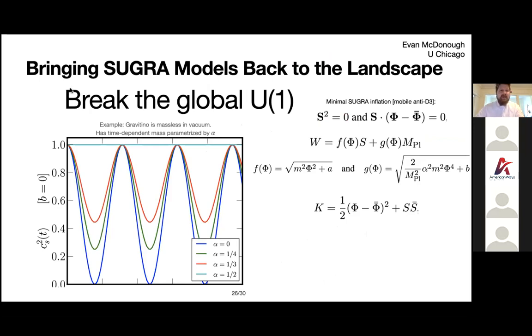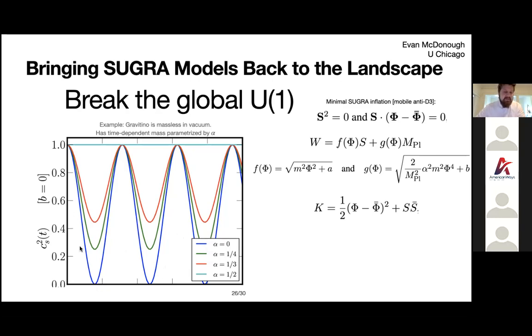But it's simple to bring models back to the landscape. And here's one type of setup showing how, once I turn on a time dependence to the gravitino mass, I lift the zeros of the sound speed. So here I'm introducing this orthogonal field, and I have some parameter alpha, which parameterizes the time dependence of the gravitino mass. Let's just focus on this plot on the left.